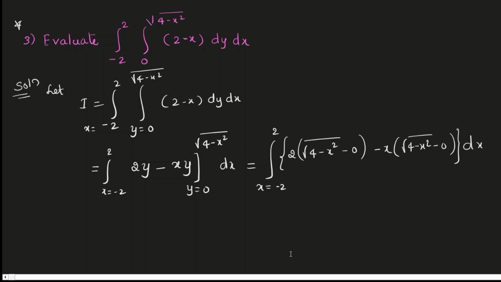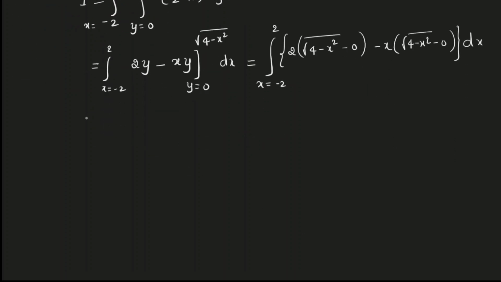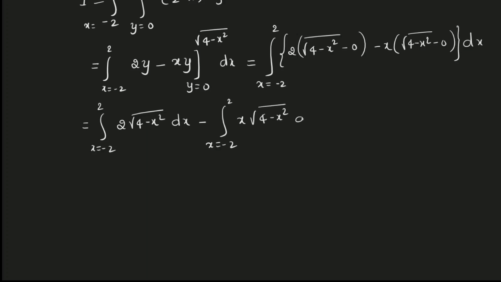So then it is equal to integration from x equal to minus 2 to plus 2. Now the function will be 2 root 4 minus x square dx. I will write them separately, as minus integral from x equal to minus 2 to plus 2 of x into root 4 minus x square dx, because it will be easier for us to simplify.